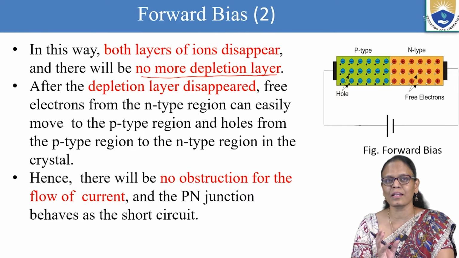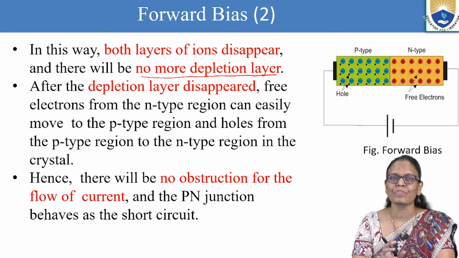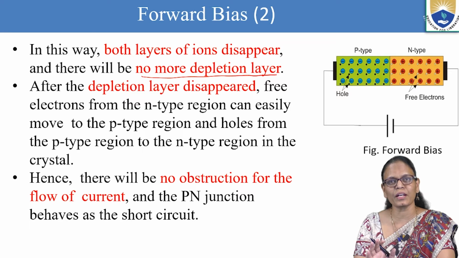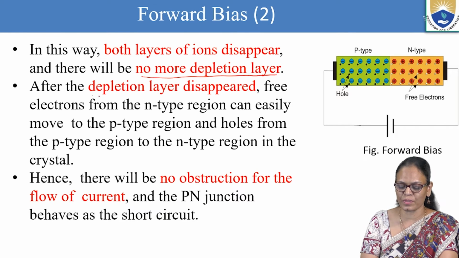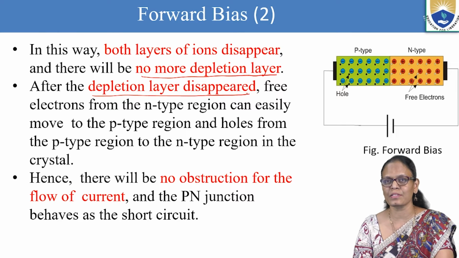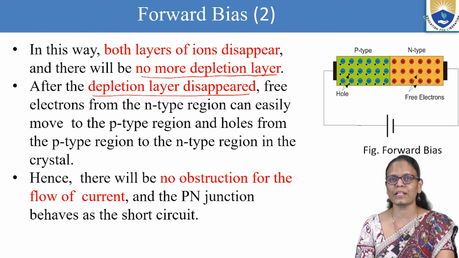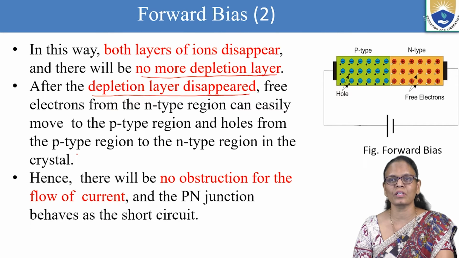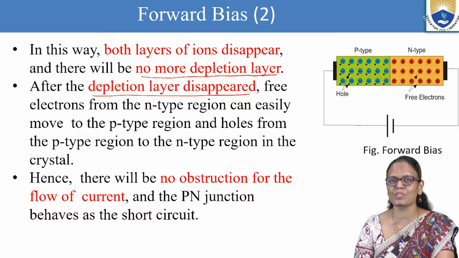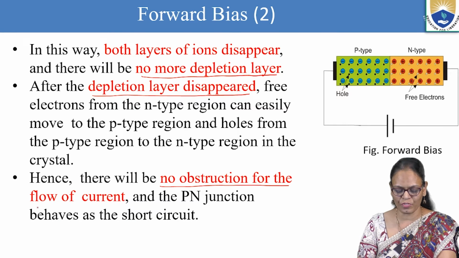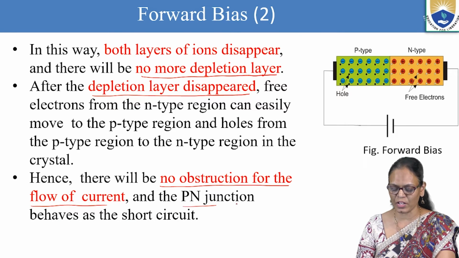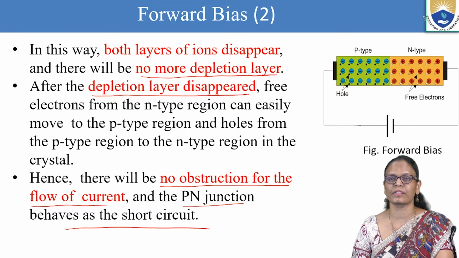Because of this, recombination happens inside the depletion layer, and the depletion layer vanishes. When the depletion layer disappears, the free electrons from the N-type can easily move onto the P region, and the holes from the P side can come onto the N side, and there is no obstruction for the flow of current. Then the PN junction will behave like a short circuit.